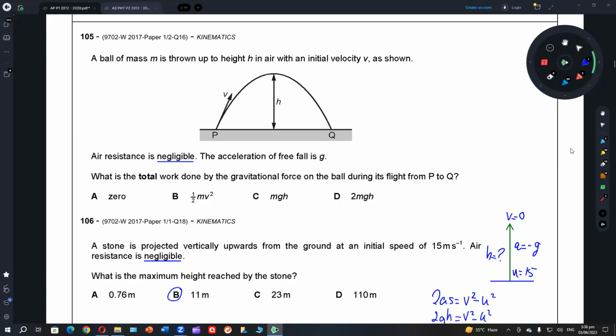So the work done will be equal to the energy. Work done by gravity is always the gravitational potential energy, mgh.